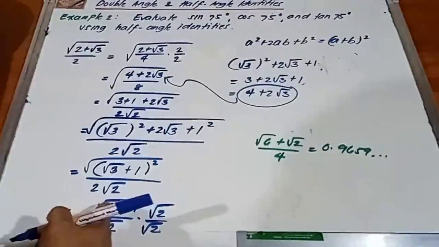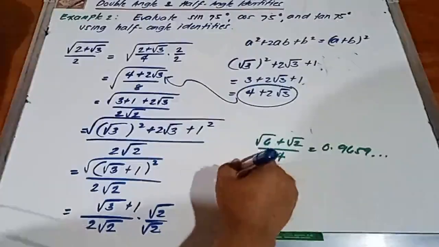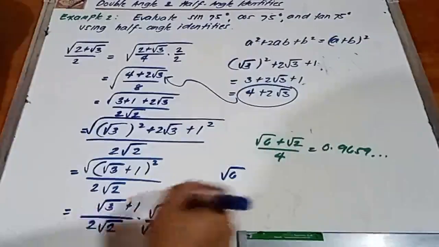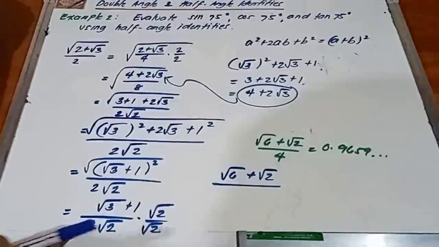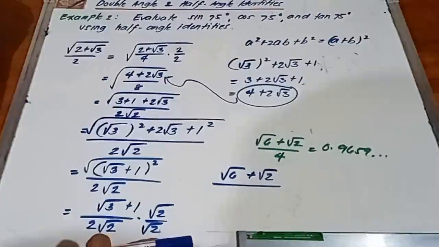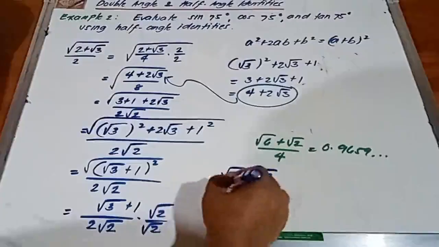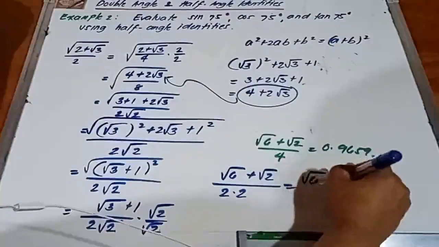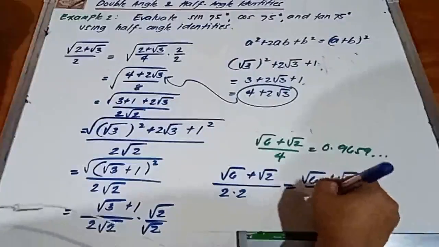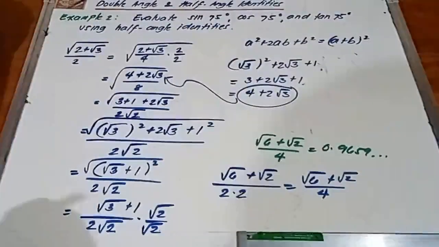So, I have square root of 2 times square root of 3 is square root of 6. Square root of 2 times 1 is square root of 2. And then, the square root of 2 times square root of 2 is square root of 4. Square root of 4 is 2. So, 2 times 2. So, we have square root of 6 plus square root of 2 over 4. Okay? So, papansin nyo, pares din.